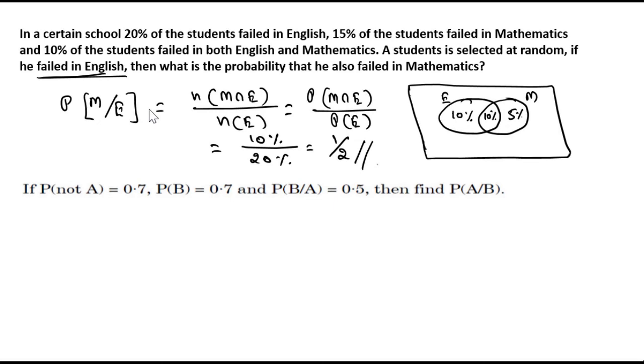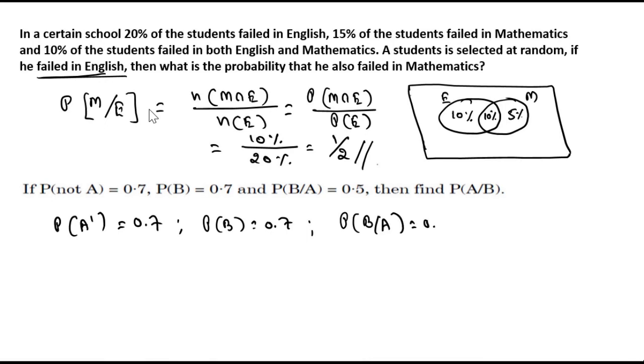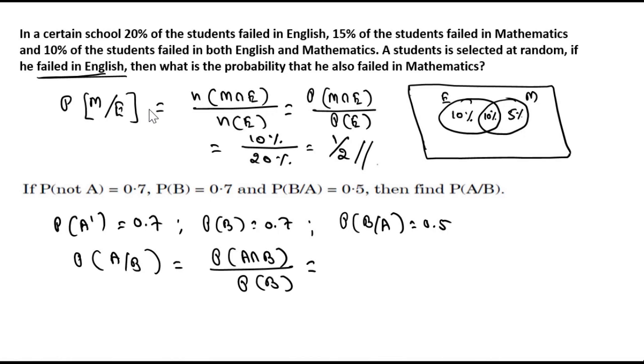Now here probability of A complement is given. Probability of B is given. Probability of B given A is given. You want to find out probability of A given B. Now A given B means probability of A intersection B divided by probability of B. That means we want to find out probability of A intersection B. But here probability of B given A is given 0.5.